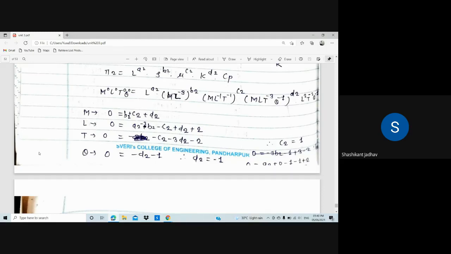Compare the powers of both sides m, l, t, theta and find out the values. So what is the value of a2, b2, c2 and d2? Can anyone tell?